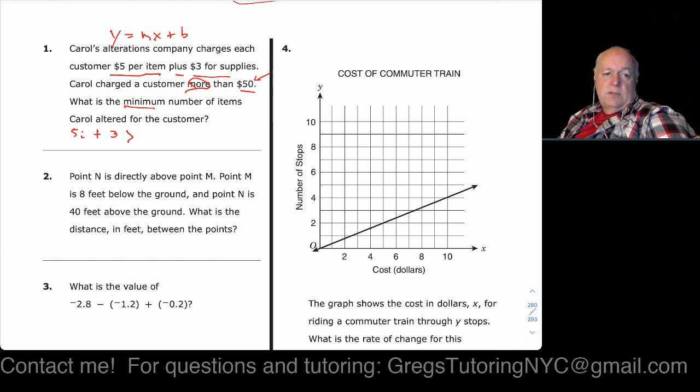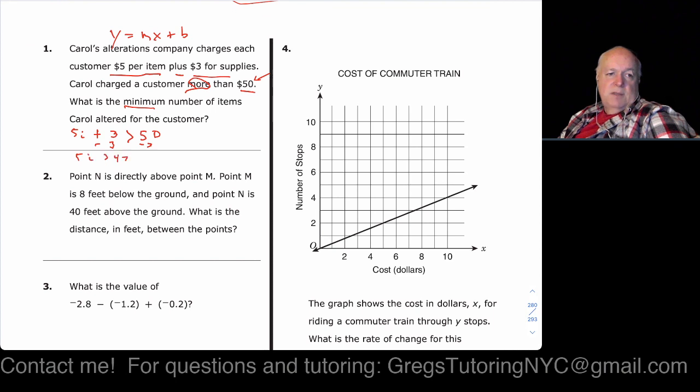So that's what we have there. 50 is a dollar amount. $5 is an amount times I, the number of items, plus $3 is an amount as well. So we can see that this does make sense. What we're trying to figure out is the least number of items I that she needs to do. Well, let's subtract 3 from both sides. So we get 5I is greater than 47.